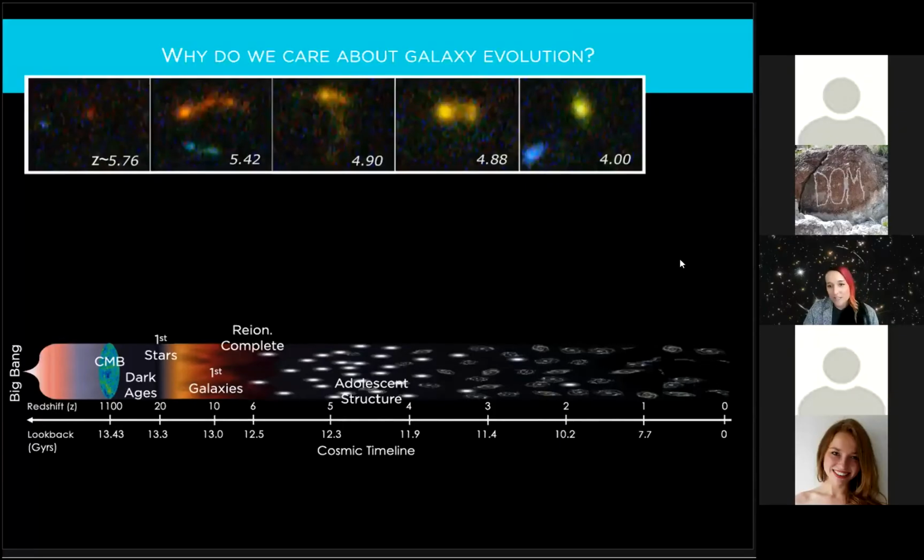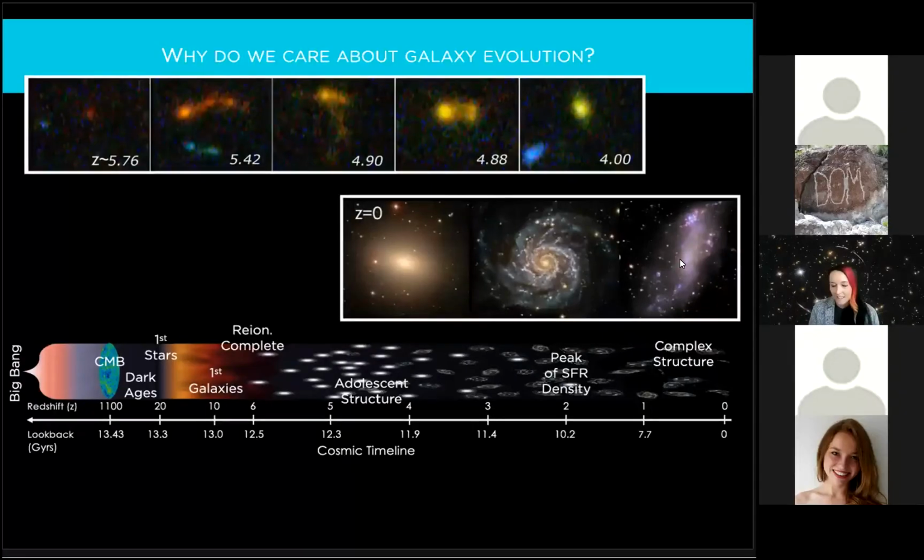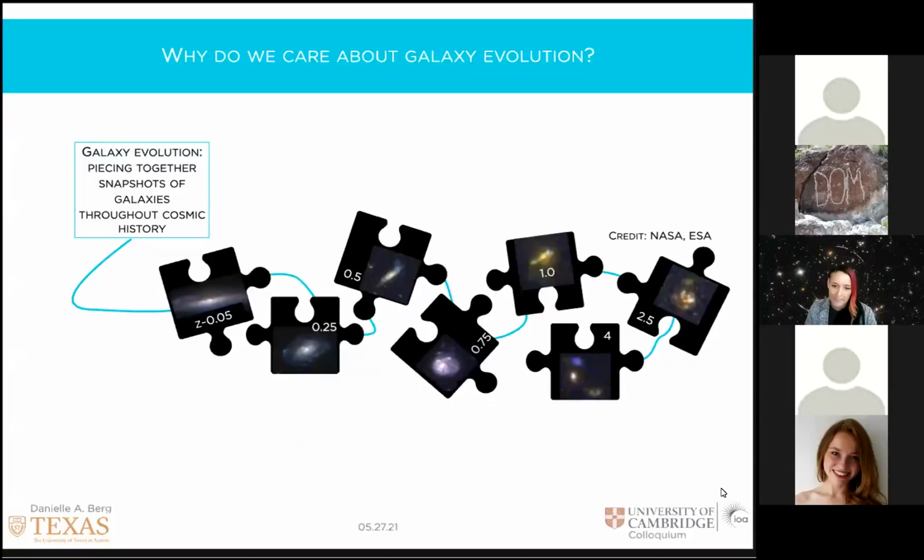And we can trace that development all the way through the peak of the star formation rate density, and somehow get to this amazing, complex universe we see today, where we have really crazy diversity of galaxies, from giant red ellipticals to beautiful spiral galaxies, and more crazy irregular dwarf galaxies. Trying to piece together how we got from the beginning to this is what I'm really interested in. How do we get this diversity of galaxies we see today?